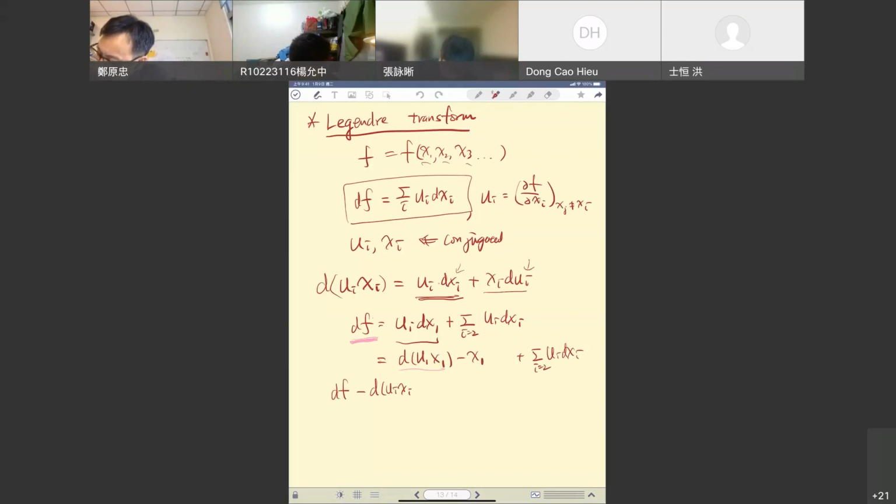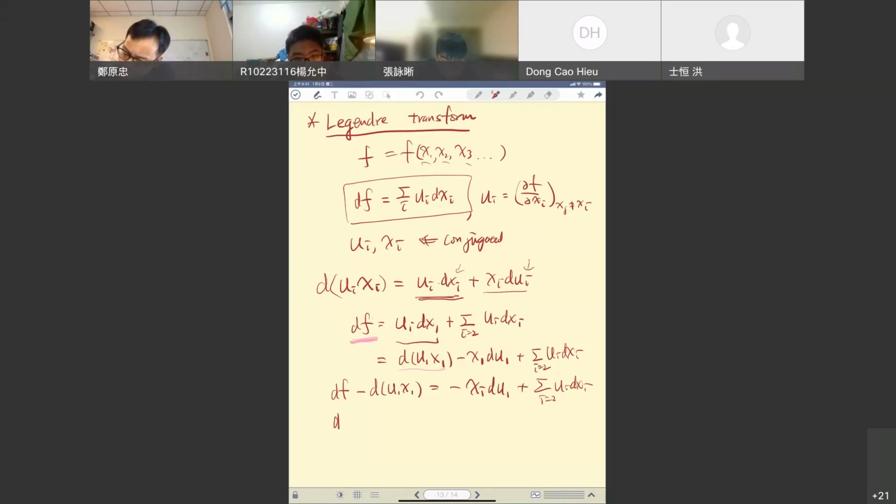S1 d u1, the first one. So now it's d(u1 S1) minus S1 d u1 plus... I'm doing this slowly, but it's not anything difficult actually.